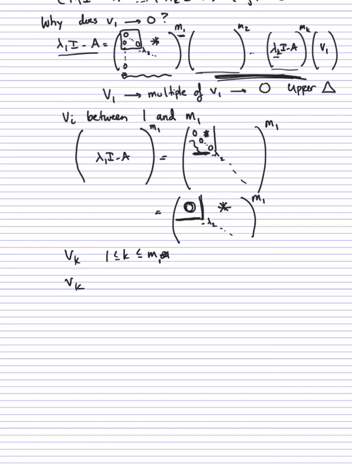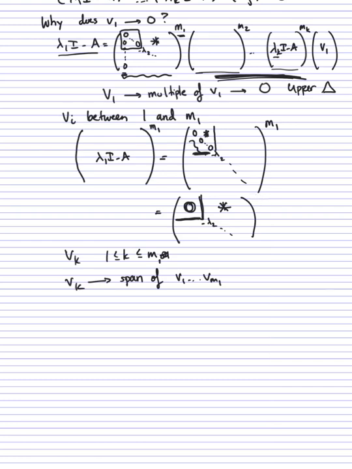So vk, once you multiply them out, you have no idea what they do, but you know that they go to something in the span of v1 up through vm. Actually, v1 up through vk, but it suffices to just do v1 up through vm1.